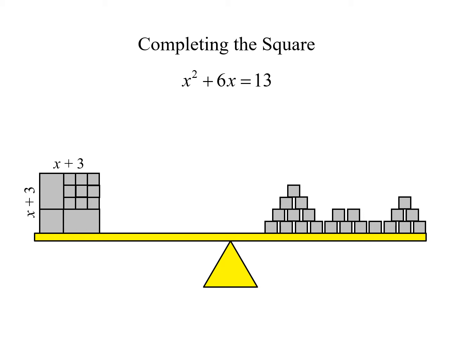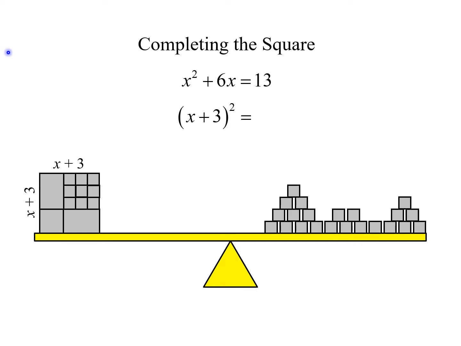The scale is balanced, and now I'll write the area of this big square, which is x plus 3 times x plus 3, or x plus 3 quantity squared. That should equal all the stuff over here, and you can count them up: 1, 2, 3, 4. What you'll end up counting is 22. Another way of realizing it's 22 is that I added 9 of these 1 by 1 squares on the right-hand side, so 13 plus 9 is 22.